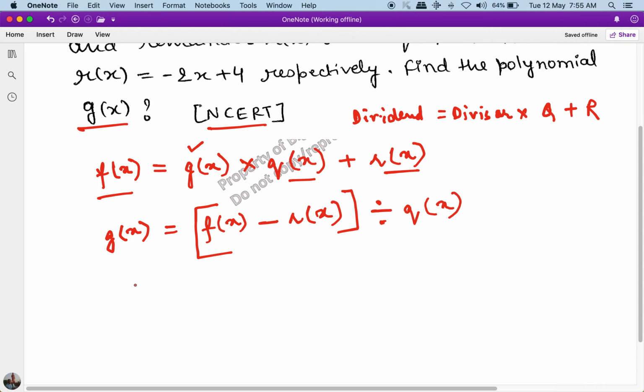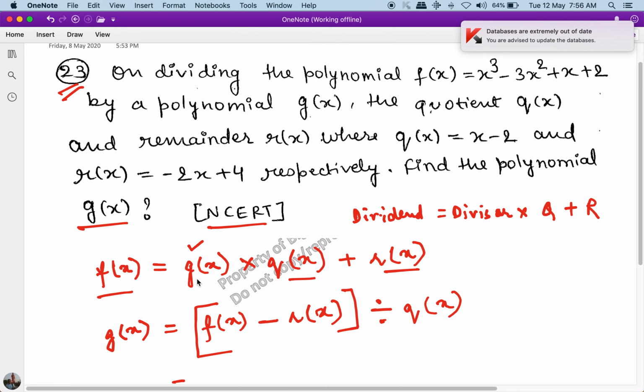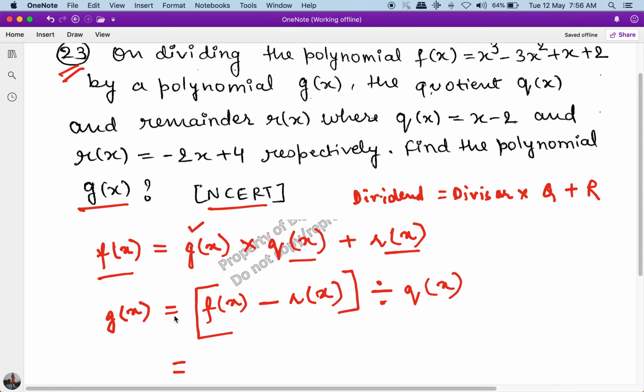Okay, so to find g of x, f of x is given as x cube minus 3x square plus x plus 2, minus of r of x.